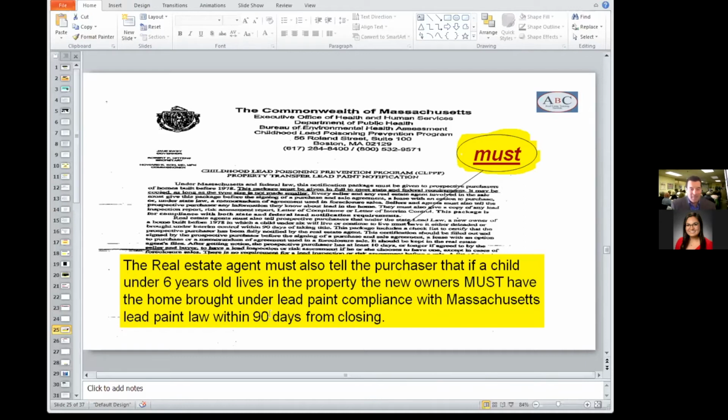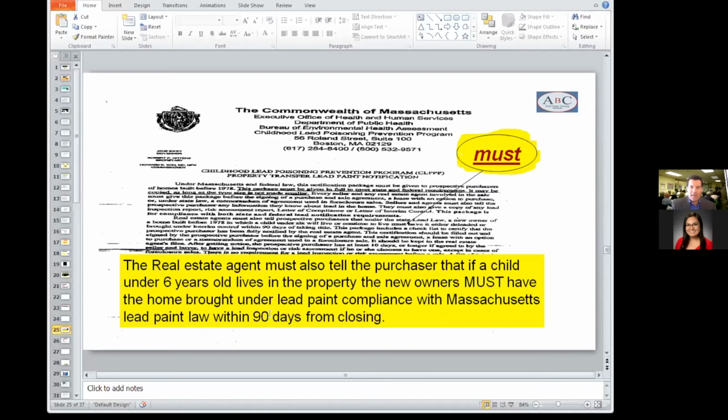Must. So that's what puzzles me. Why would they waive a lead inspection when they must have a lead certified home within 90 days? And some of these houses can cost $50,000, $60,000, if not more, to get a lead certificate.